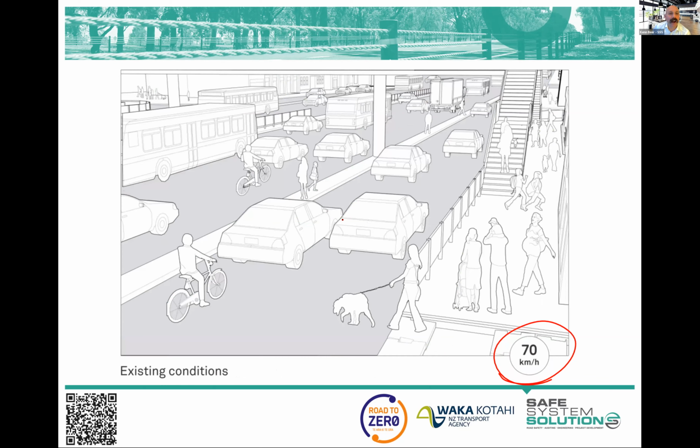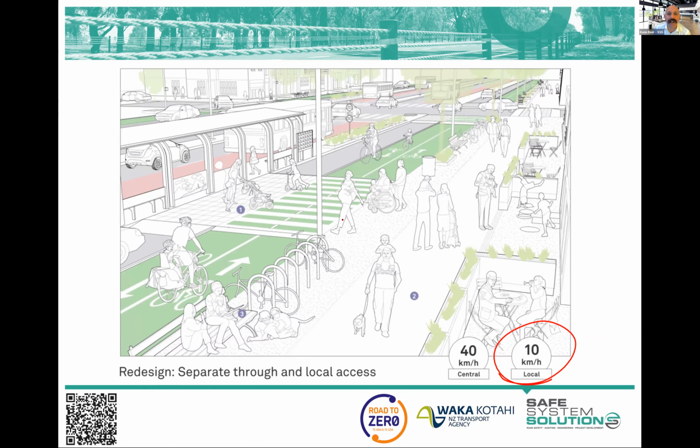Now, I see this through these very road safe system glasses. Others might see it through other glasses, like encouraging active transport, the vegetation, the aesthetics, the trade, and so on.